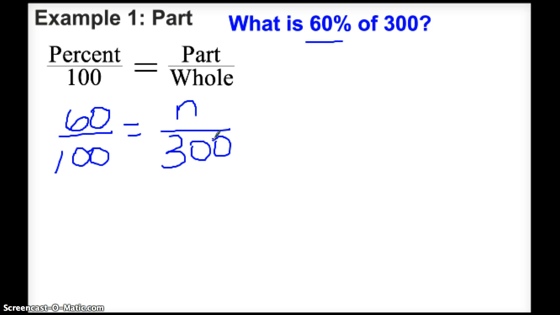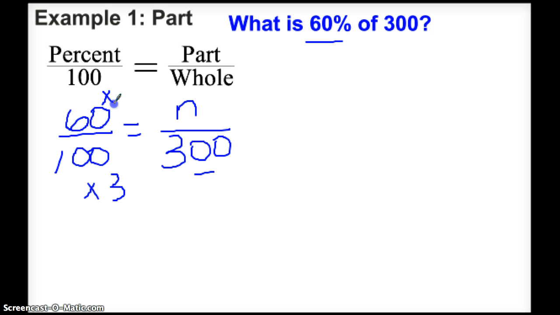So now I can use the proportion like we've done in class to figure out the value of n. I look at the denominator here and I say, okay, this is 100, and the denominator over here is 300. What did I multiply or divide 100 by to get 300? Well, if you're thinking about it, you know that we multiplied by 3. So 100 times 3 is 300.